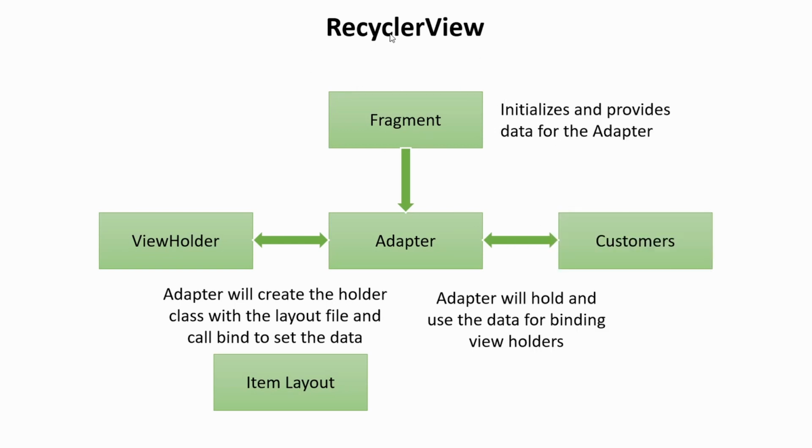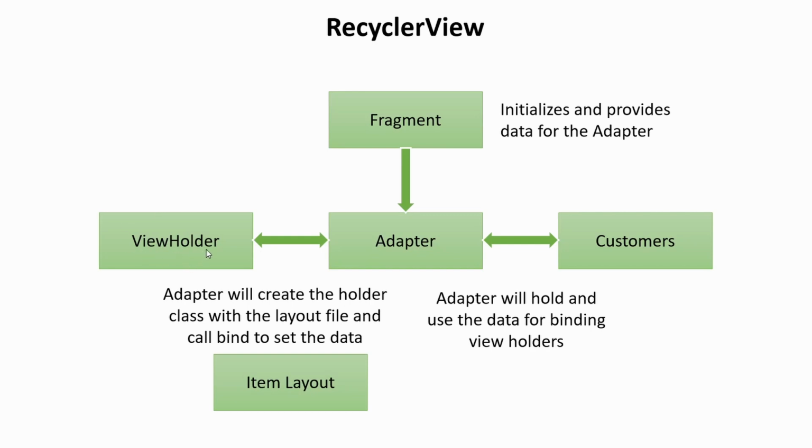So in our project, we will be using a fragment to initialize and provide the data for the adapter. This fragment will communicate with the view model, and the view model will communicate with the repository that we built in the last video. Now this adapter depends on certain things. We will be passing the list of customers, which will act as the source of truth for the adapter. Adapter will also interact with view holders that we will create.